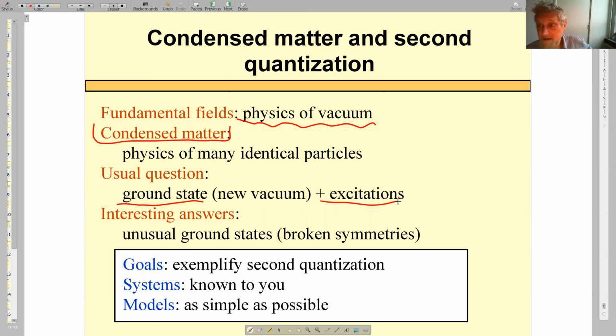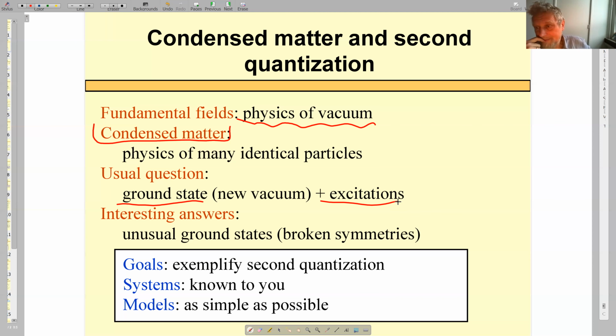There are metals, there are insulators, there are magnets, there are superconductors, which we will address in a week, and many various systems. I don't want to list all of them.